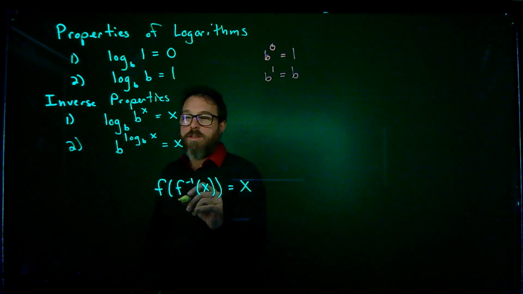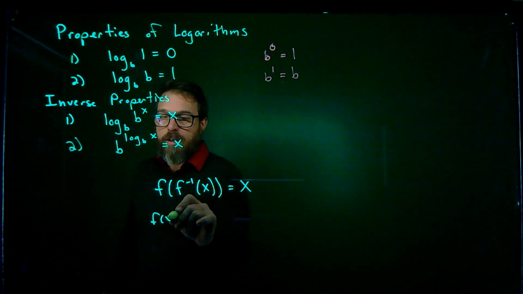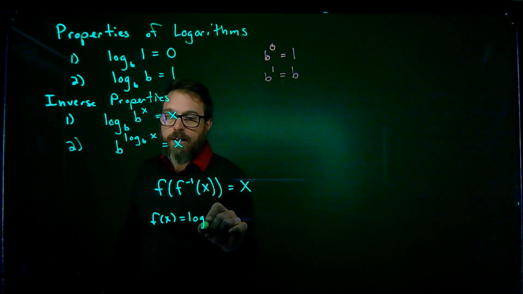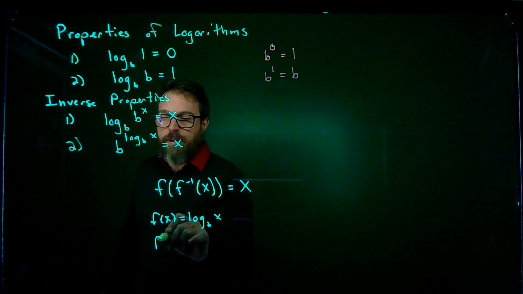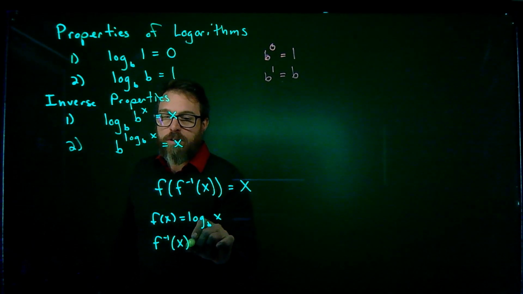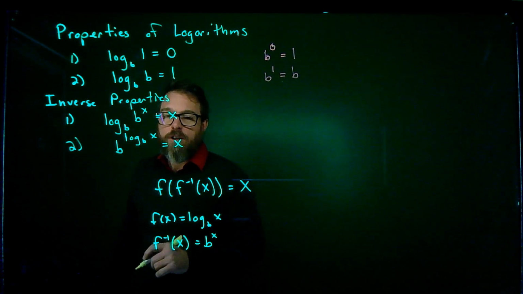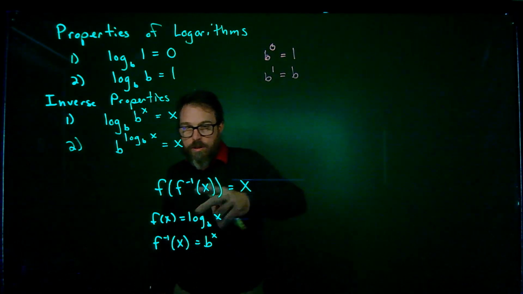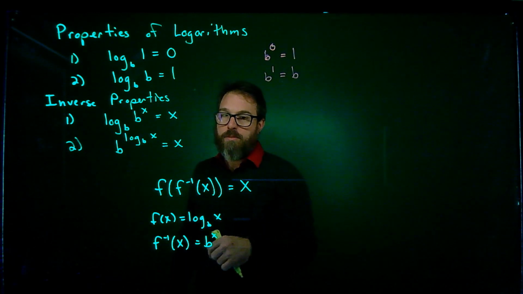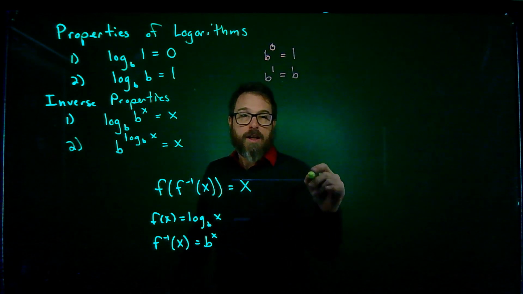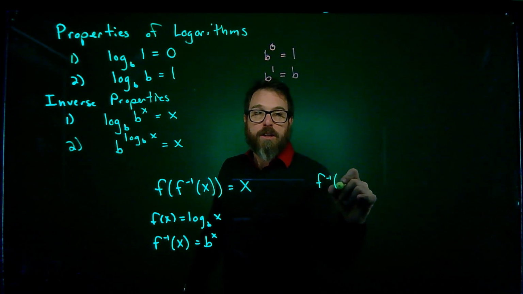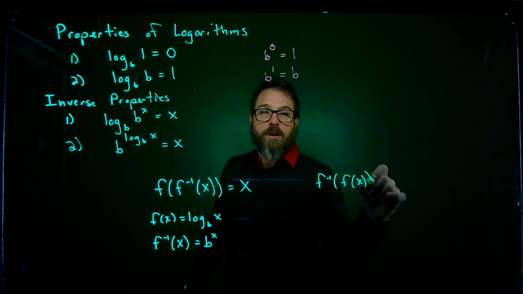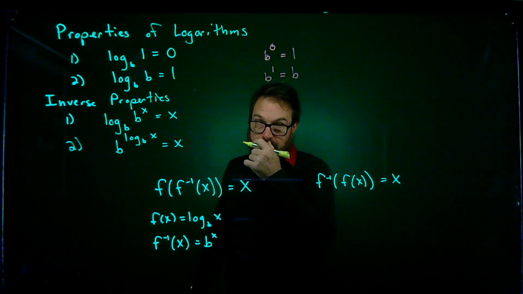Here, f of x is our log base b of x, and its inverse f inverse of x is going to be equal to b to the x. So they're inverses of each other. I could switch these, because for a function to be an inverse, it also has to work the other way. So f inverse of f of x also has to be x, and that'll still work.